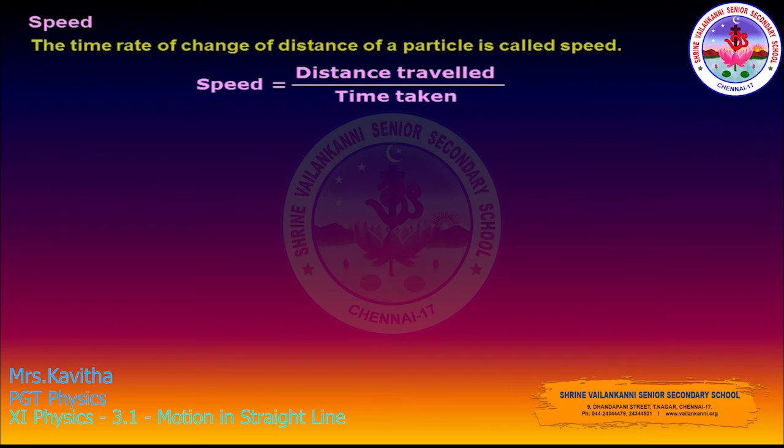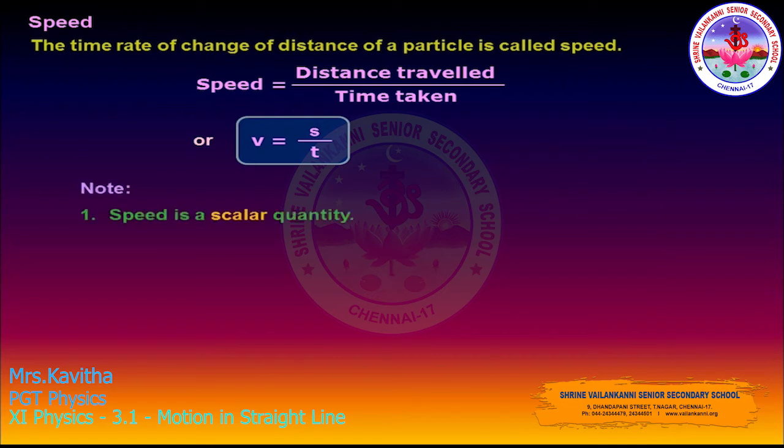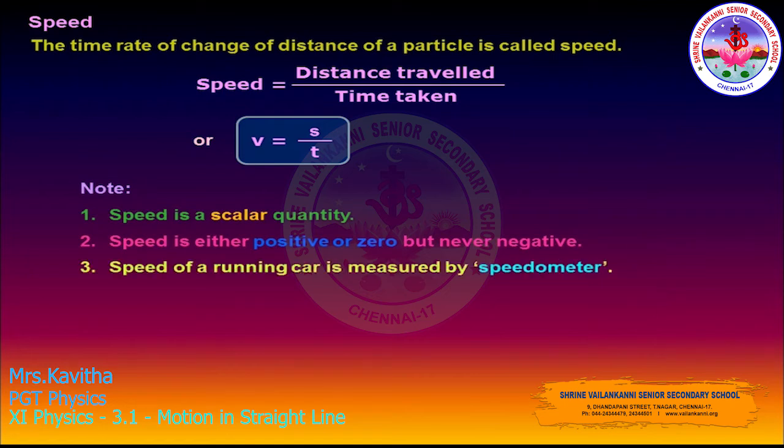So speed is equal to distance travelled divided by time taken, or we can write it as a mathematical relation: v, the letter denoting speed, is equal to s by t. Speed is a scalar quantity, as we said. Speed is either positive or 0 but never negative, right?